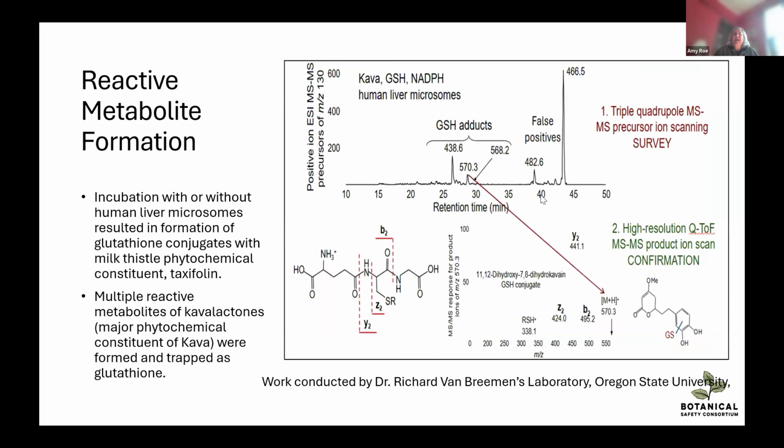And then lastly, I'd like to present just briefly some work. We also are interested in looking at potential reactive metabolite formation. This is just a brief slide on work conducted by Dr. Richard Van Breemen's laboratory at Oregon State University.